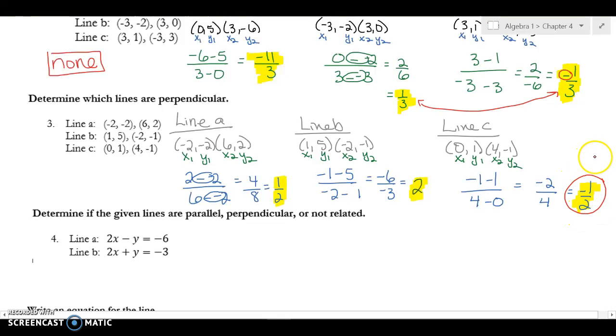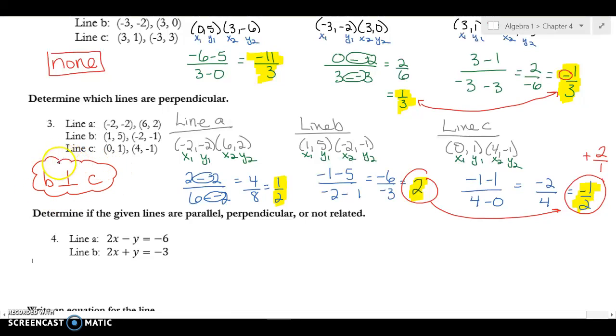If I change the sign, it becomes positive, but if I flip it, it becomes 2 over 1. And look, that's this one right here. So those are the two that are perpendicular. What you say is B is perpendicular to C, and that's how you write that answer.